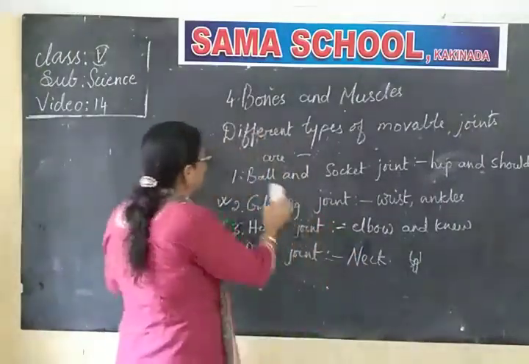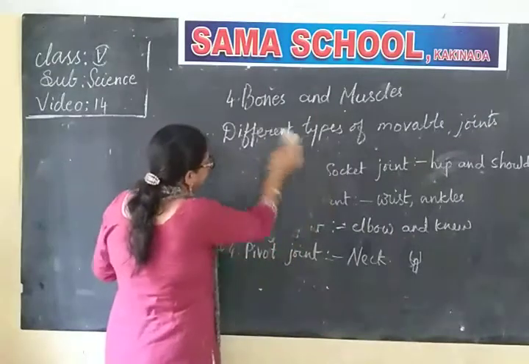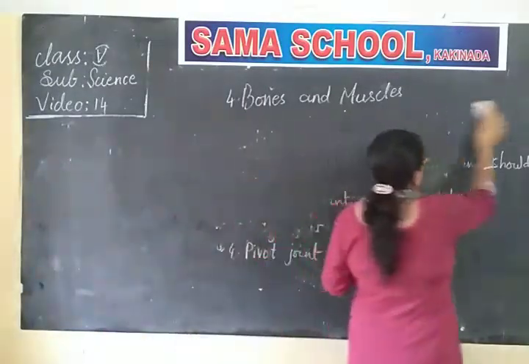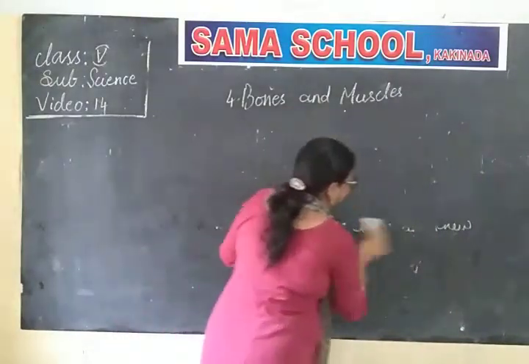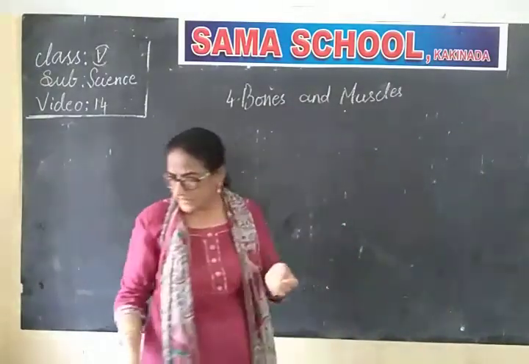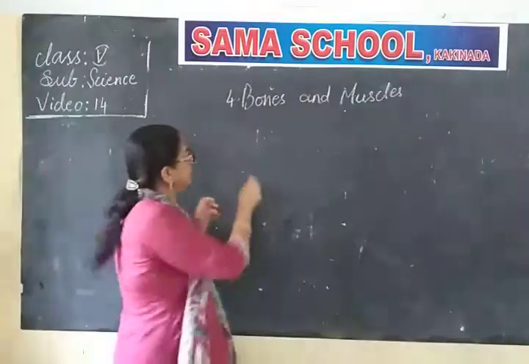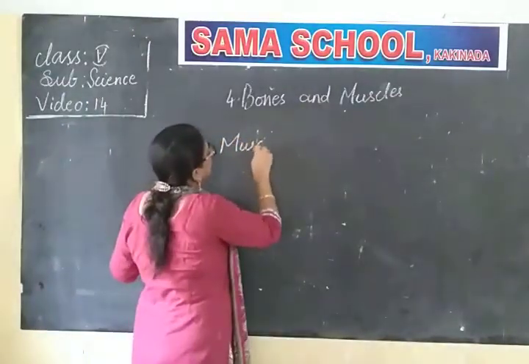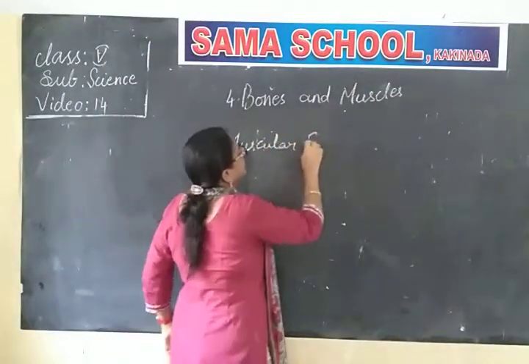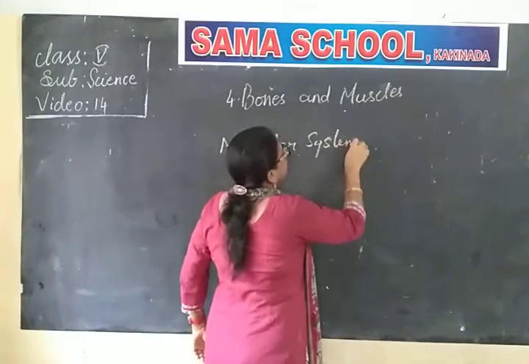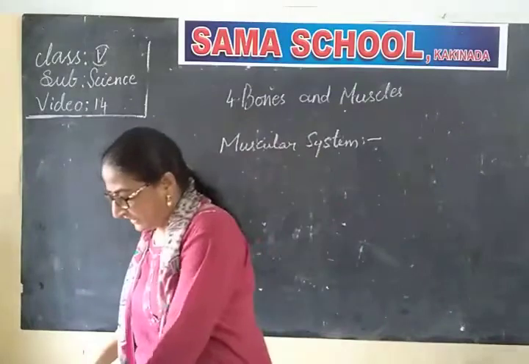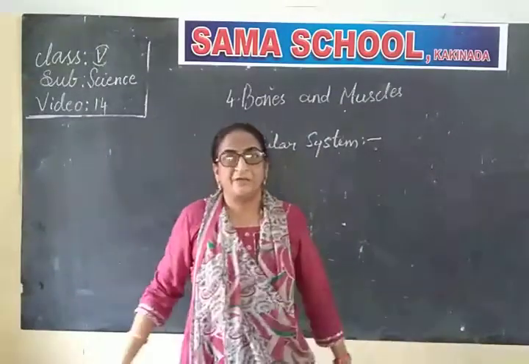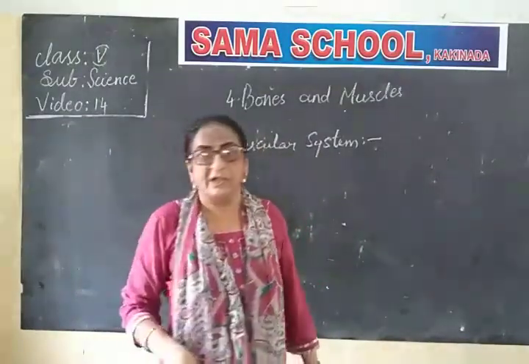Now let us learn something about the muscular system. So what is this muscular system? Let us learn about the muscular system. These are fleshy bundles of thin elastic material in the body.